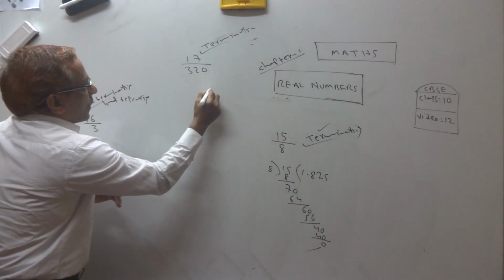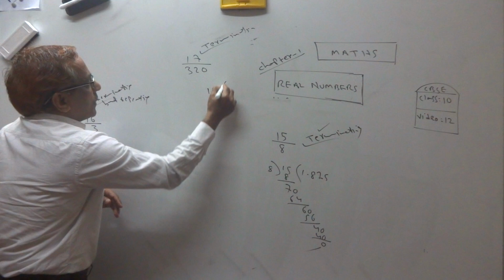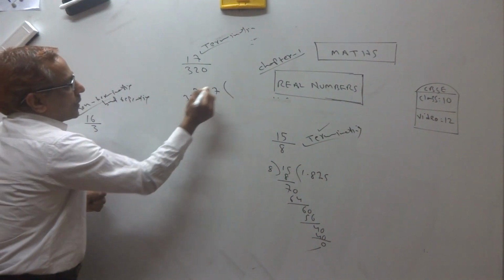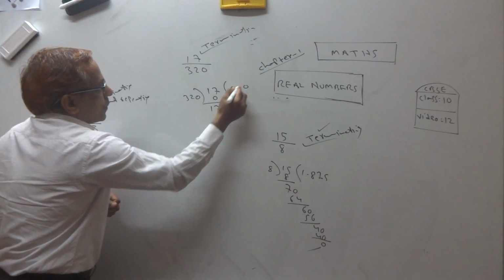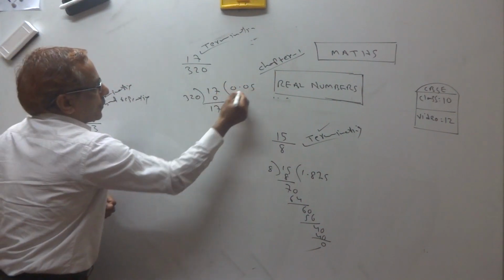Same way, 17 divided by 320. 320 zeros are 0, 17 left, decimal 0.